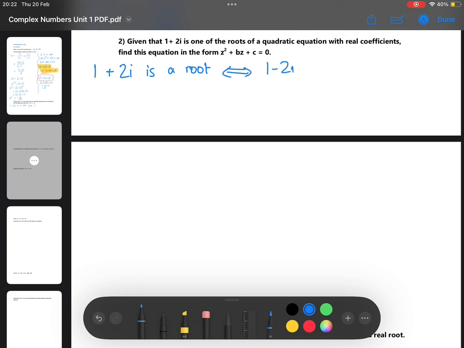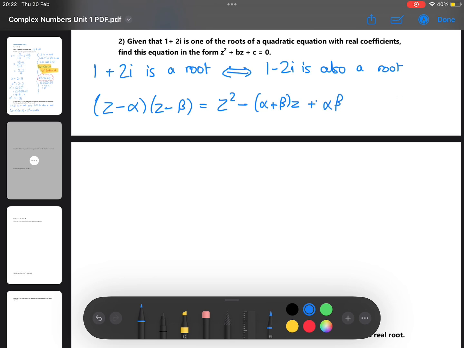So 1 minus 2i is also a root. And therefore, we can use the same idea as before. z minus alpha times z minus beta is z squared minus alpha plus beta z plus alpha beta.